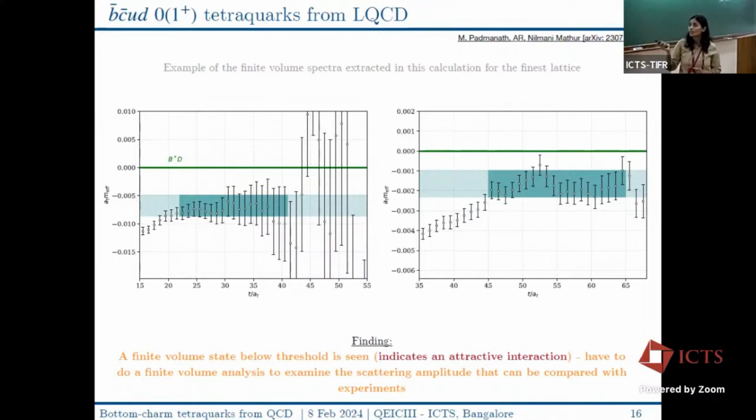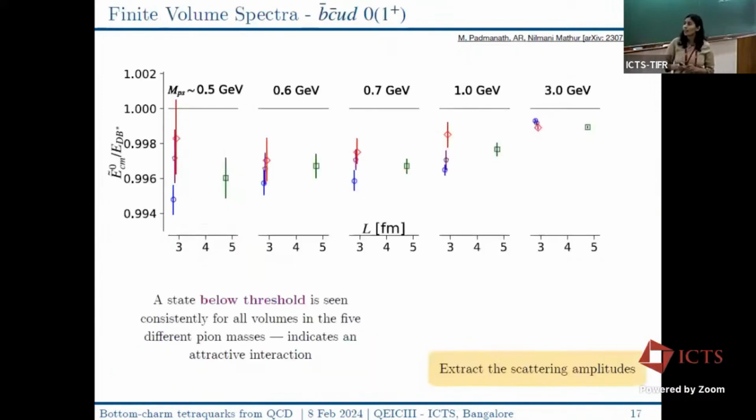If you just look at the ground state, we see that there is a negative energy shift, which already indicates that the ground state is below the threshold. That hints towards a bound state, but still we need more. Here are the ground states for all different volumes and pion masses that we extract for the axial vector case.